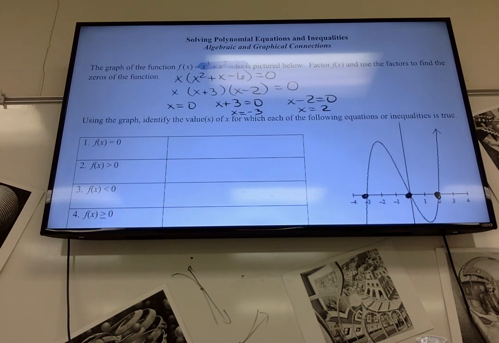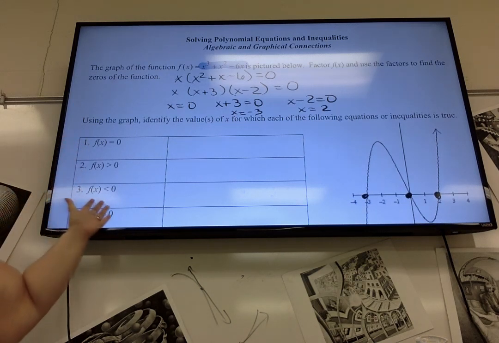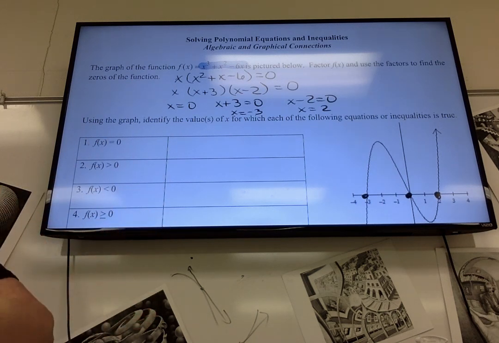Okay, so we're going to use this graph, and notice this stuff is not going away. And there's a reason it doesn't go away, because we keep using it. You know how math works. It builds. So we still got to be able to do all this. So we're going to use this graph, and we're going to find where f of x equals 0. That should be easy enough.